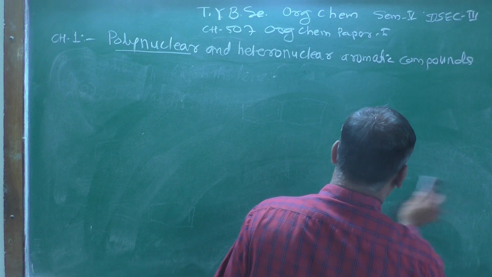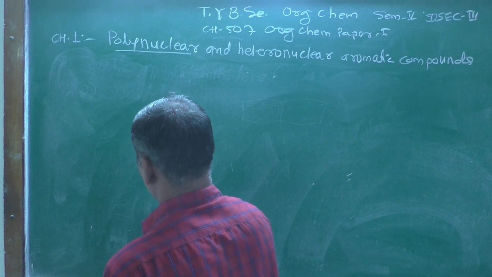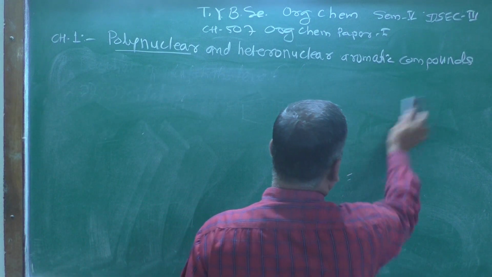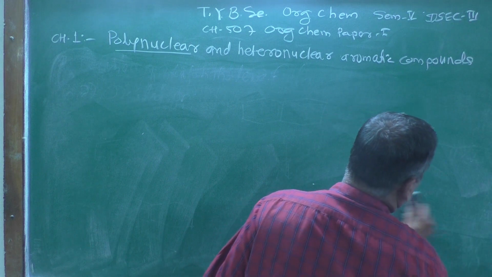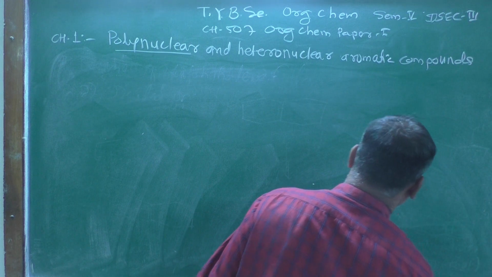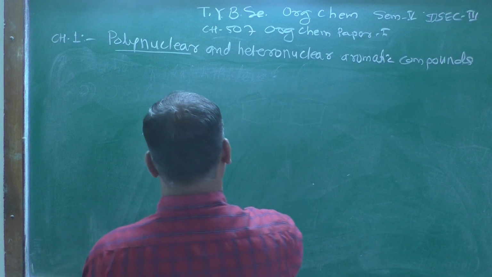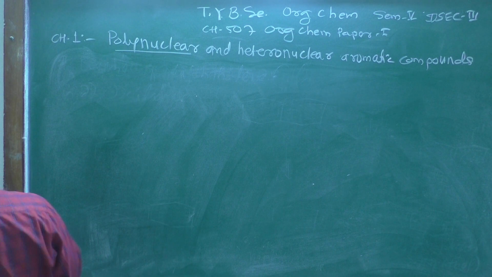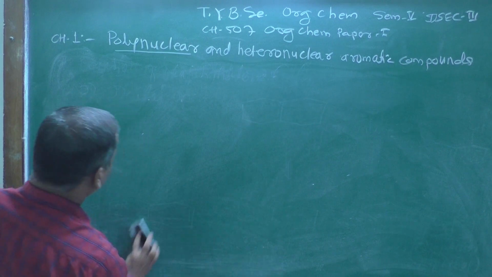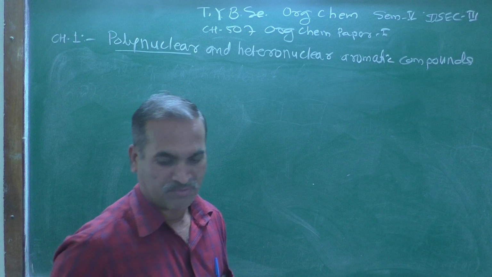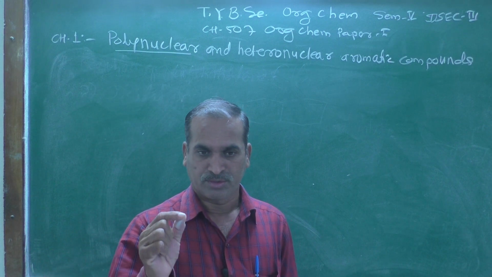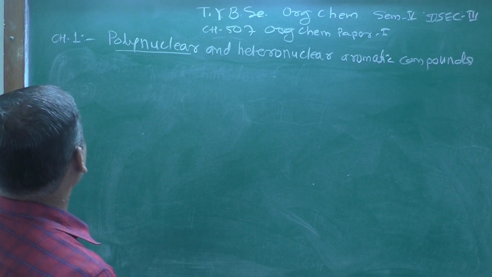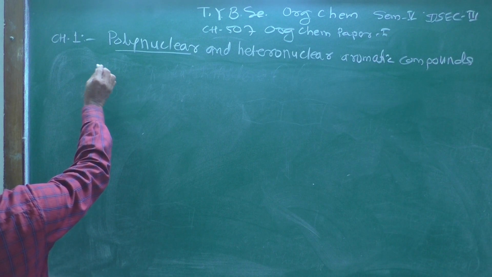And as we know, in naphthalene, two benzene rings are fused together, sharing two carbon atoms for bond formation, leading to that compound. So let us see the second one, anthracene.